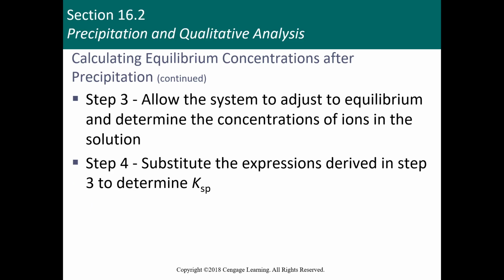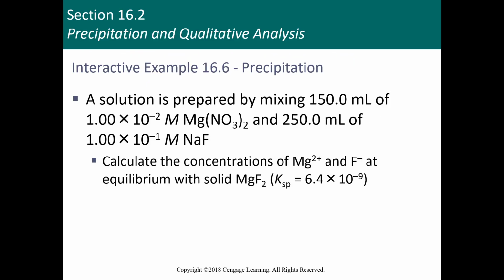Step 3, allow the system to adjust to equilibrium and determine the concentrations of ions in the solution. Finally, step 4, substitute the expressions derived in step 3 to determine KSP. And so they all have the same sort of setup. Let's go ahead and practice it.